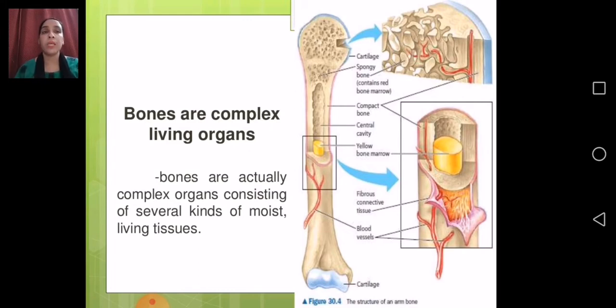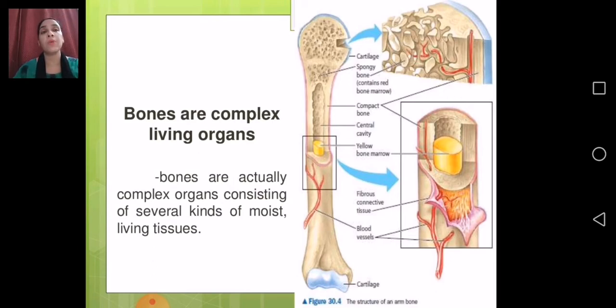So it is very important: bones are complex living organs, actually consisting of several kinds of moist living tissues. Just go through it: what cartilage is, and in which different parts you will find cartilage.